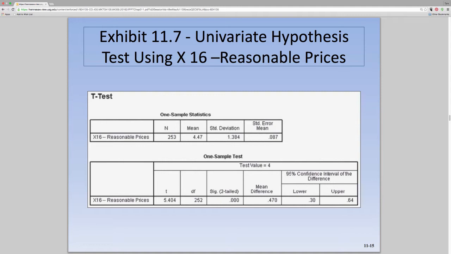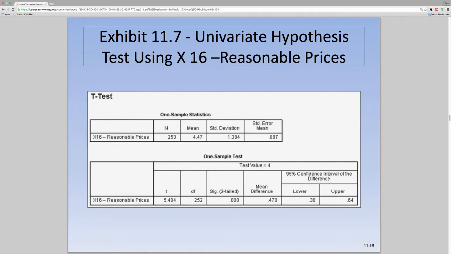Now, what we can do here is, let's say our null hypothesis in this case is that the mean equals 4, that it's average. The alternative hypothesis, what we are trying to prove, is that the mean does not equal 4, okay? And we're going to do this at a certain level of significance, how much error are we willing to accept?